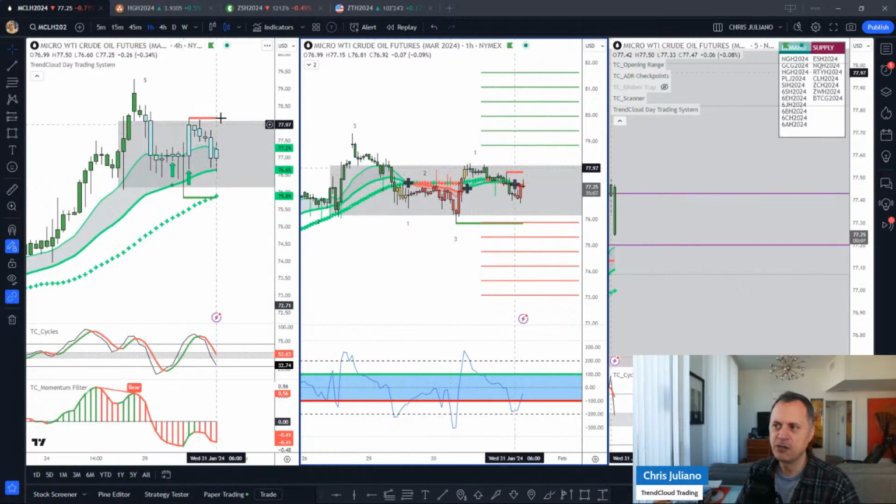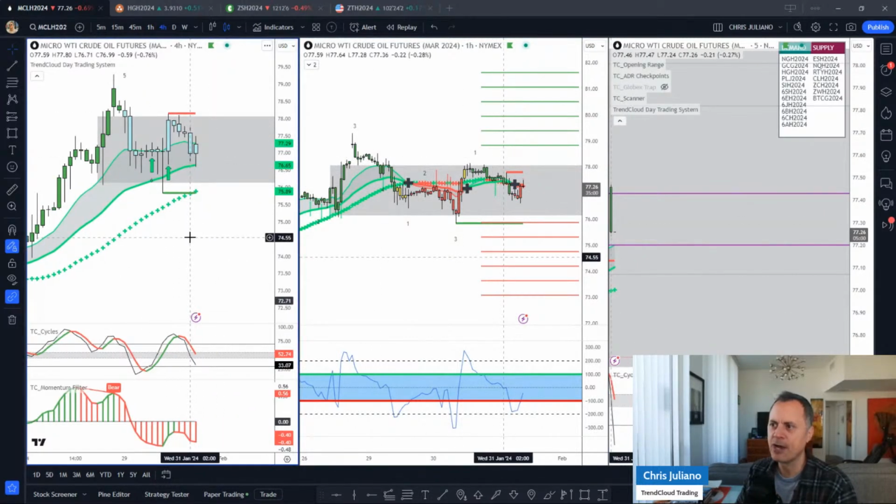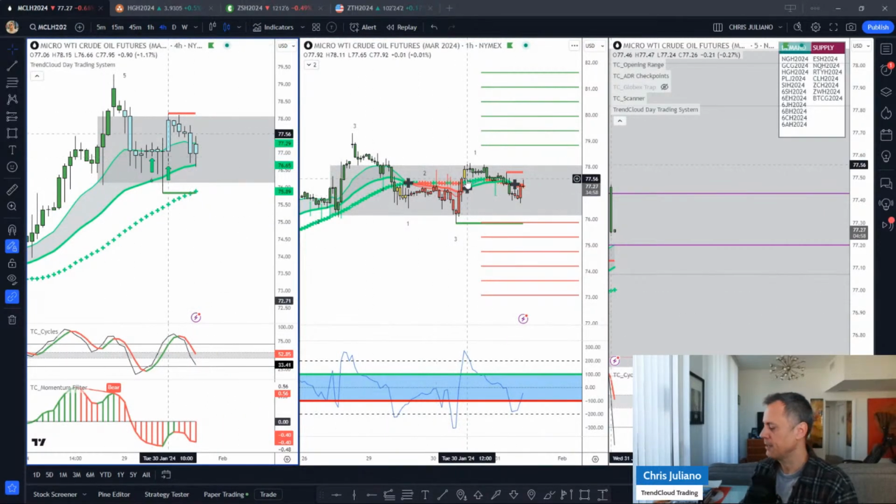We're also trying to recalculate on that 4-hour chart, and we're consolidating. So as tempting as it is to make some observations and shove them into TrendCloud, it's best to wait for a direction first and then start using your TrendCloud trade plan.